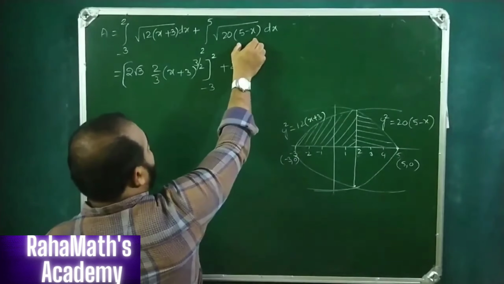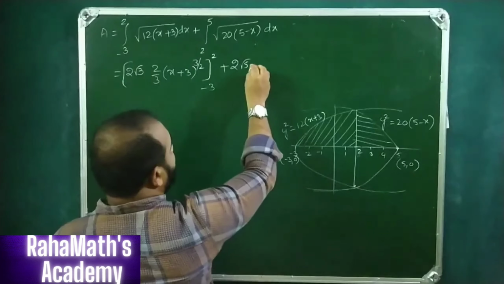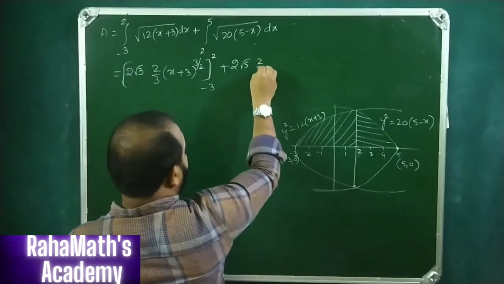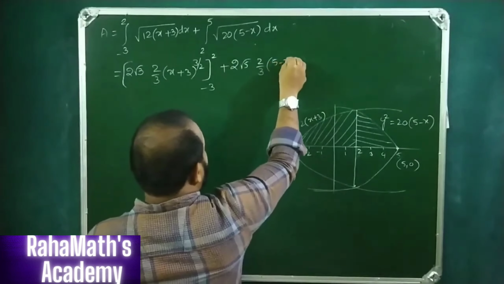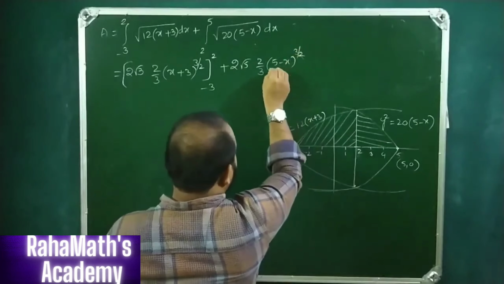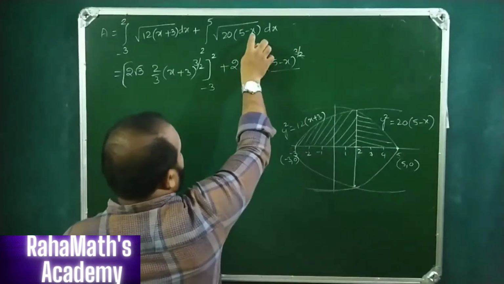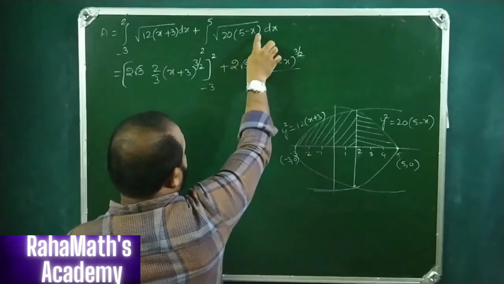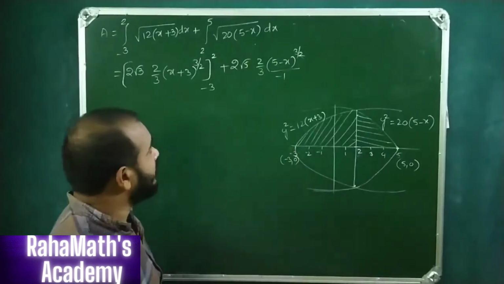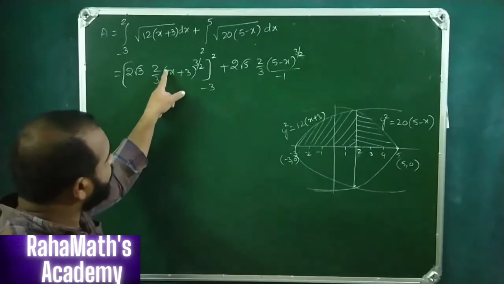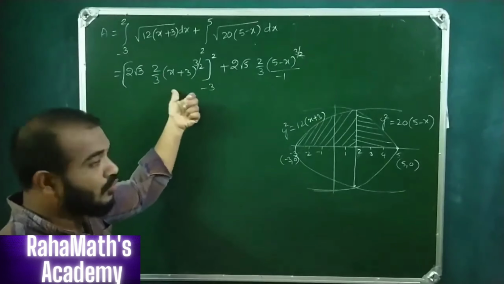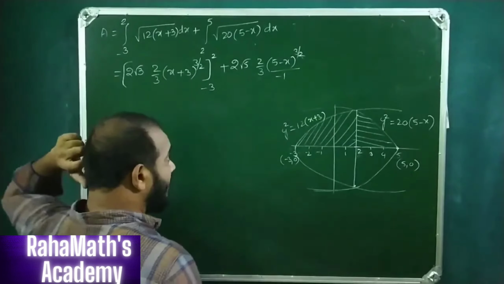Let 5 minus x be x. The integration of root x is 2 by 3 x power 3 by 2, so 5 minus x whole power 3 by 2. The derivative of 5 minus x is minus 1. Here the derivative of x is plus 1, therefore no need to divide, but here we need to divide.